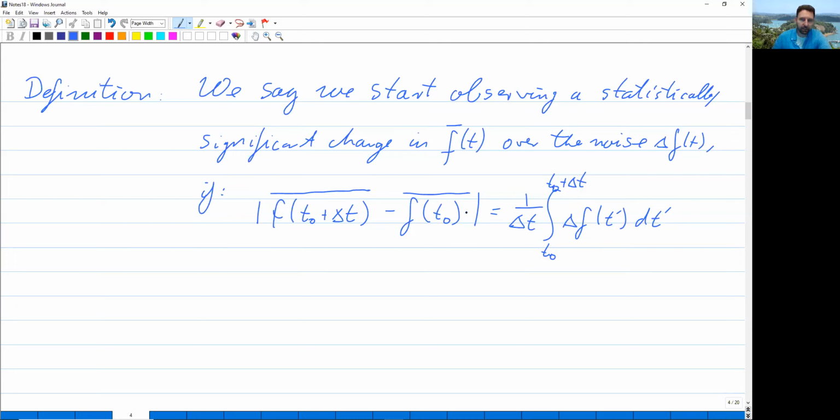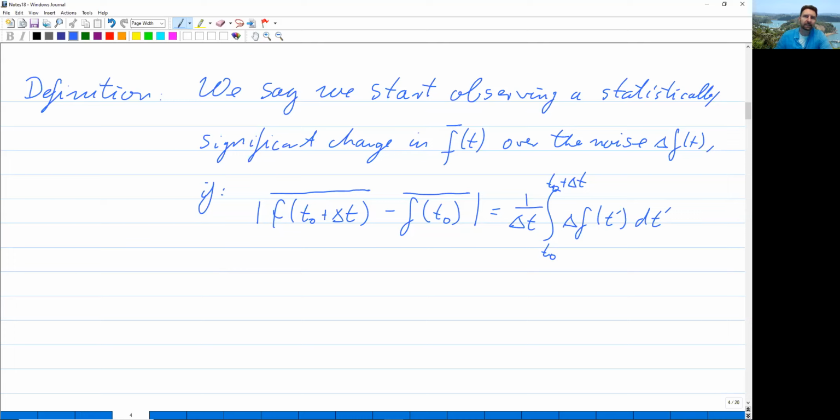If, on the other hand, the mean value has changed so much that it is exceeding the average variance, the average standard deviation that we incurred in that time interval, then we say it's statistically significant. So we adopt this as a definition of the threshold between actual change and just quantum noise, quantum fluctuations.